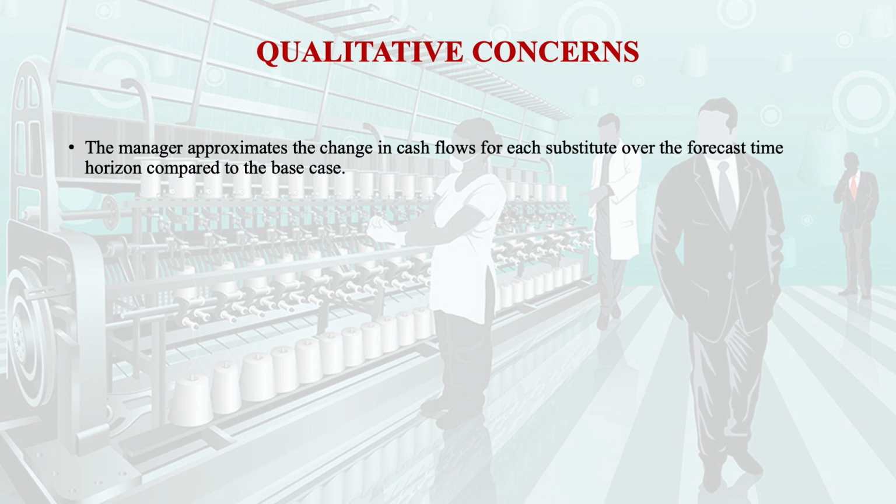In the case of quantitative concern, we are in a somewhat advantageous position because the factors can be quantified. Here the manager approximates the changes in cash flow for each substitute over the forecast time horizon compared to the base case.